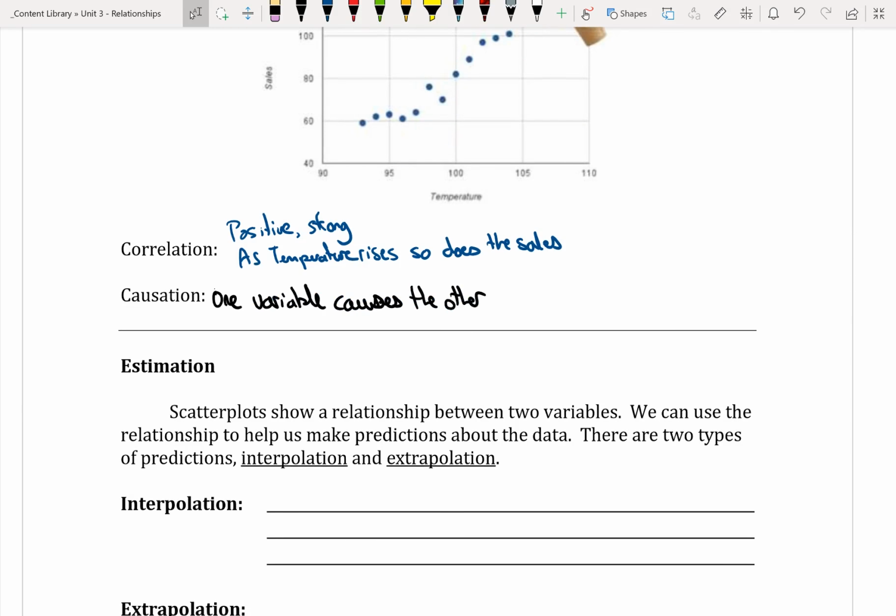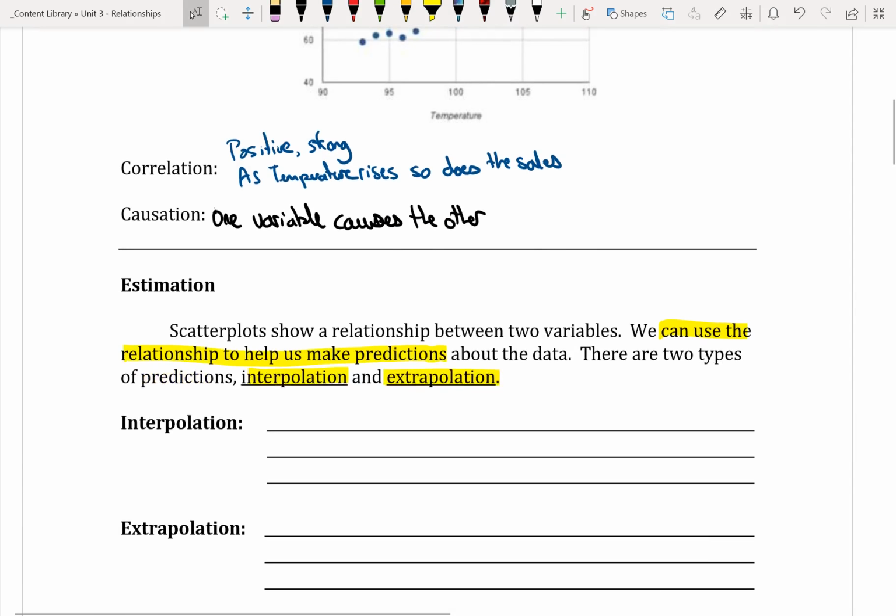So what we're going to be looking at today is estimation. Scatter plots, we already know, show a relationship between two variables, and we can use this relationship to help us make predictions about our data. There are two types of predictions that we're going to look at: interpolation and extrapolation.